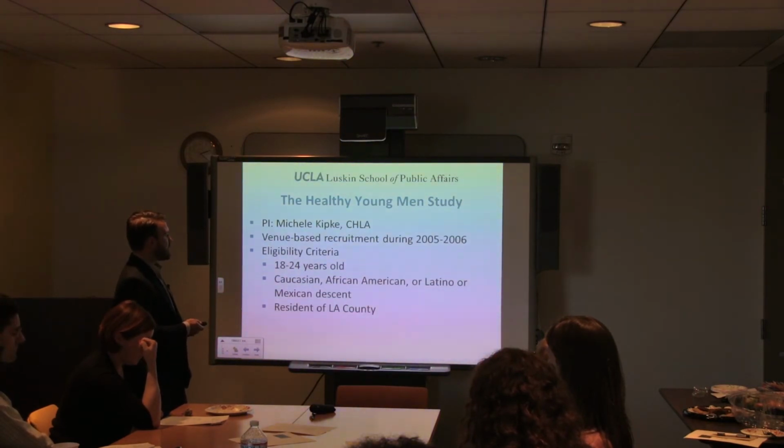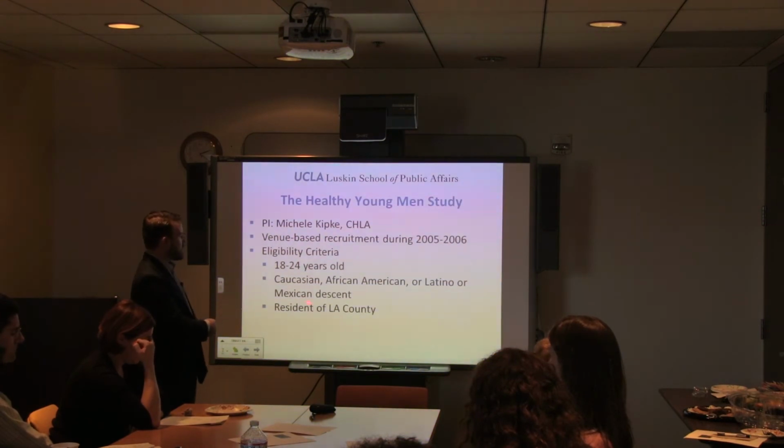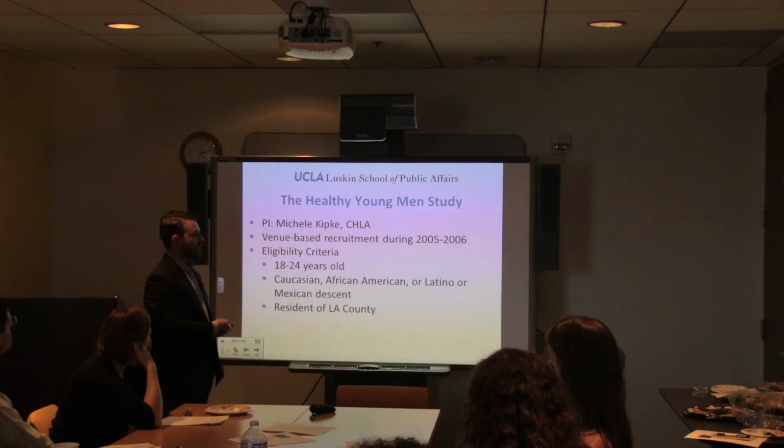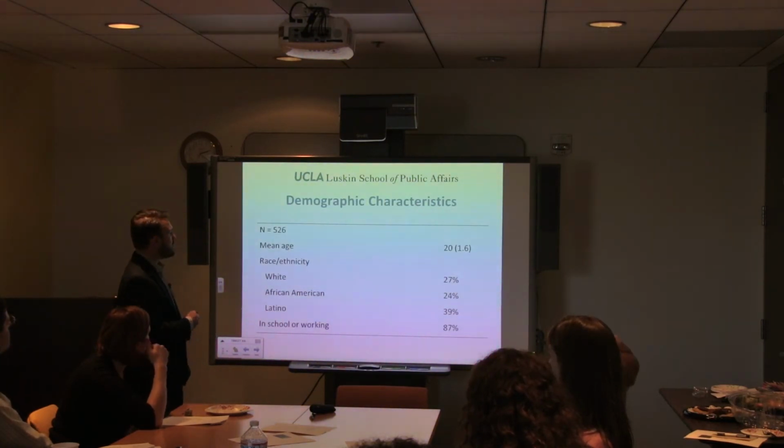And eligibility criteria for being in this study were being between 18 and 24, being of one of these three racial ethnic groups, and being a resident of Los Angeles County and expecting to be a resident of LA County for 6 months.